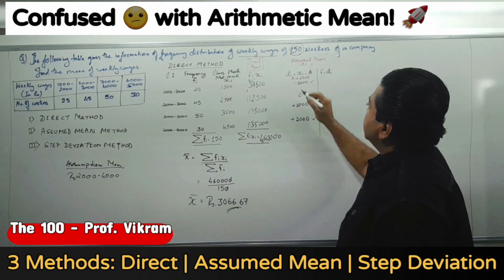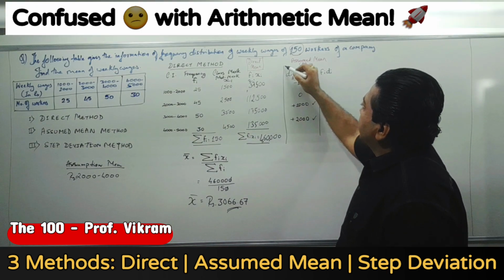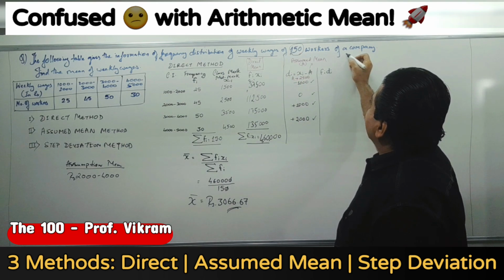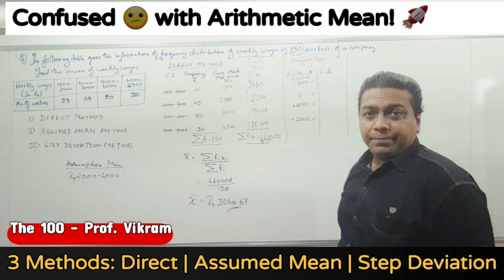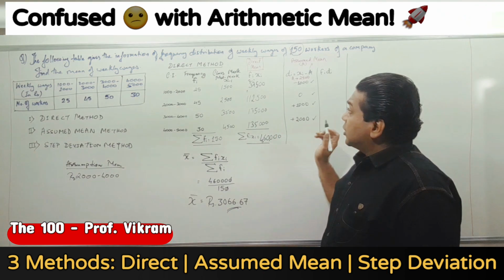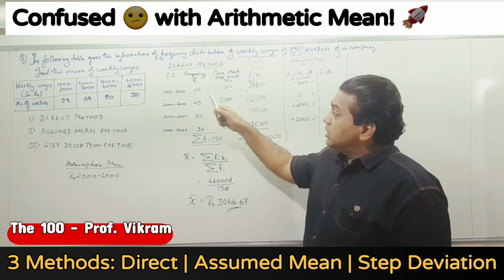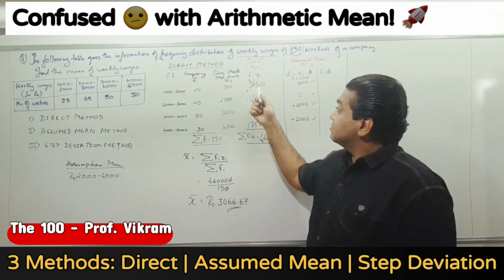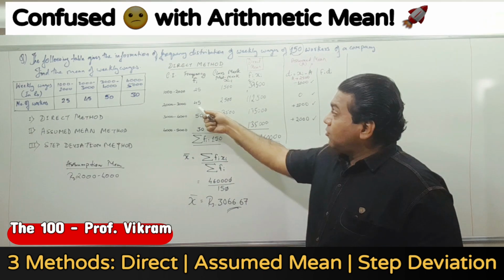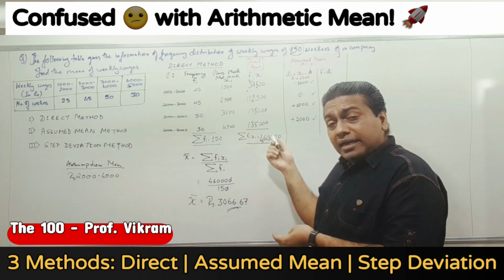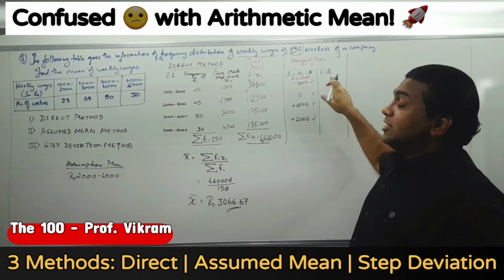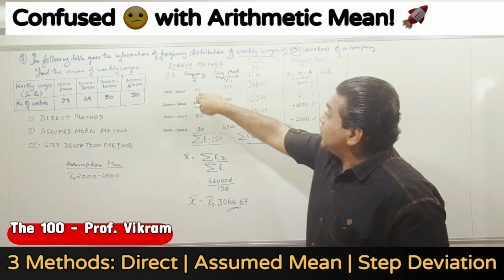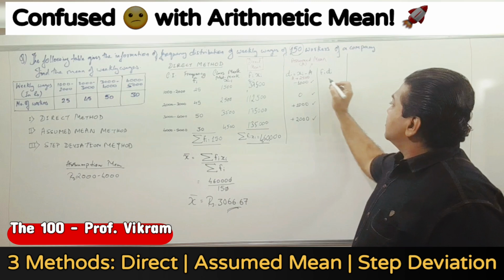One is your di, and the second one is your fidi. Now why is this easier? Because in direct method you are multiplying fixi. 25 into 1,500, that's a big calculation. 45 into 2,500, again a big calculation. But here you will do fidi, so 25 into 1,000, pretty simple to do.